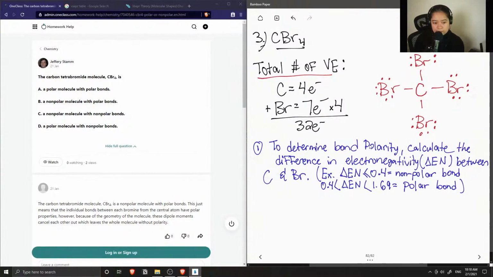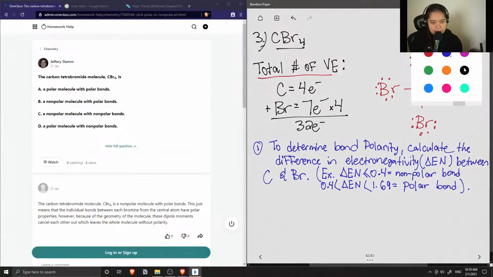And an ionic bond is when the difference in electronegativity would be greater than 1.69. But since we don't have any metals in this compound, we know that our bond is not ionic.